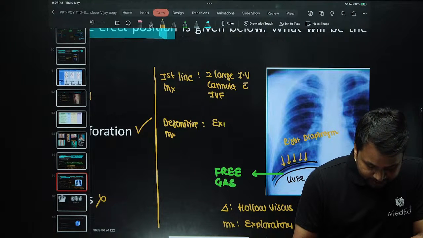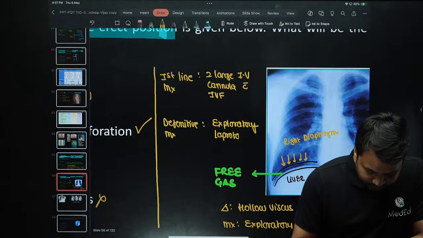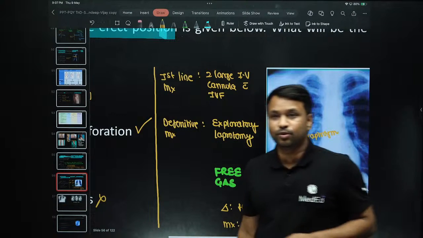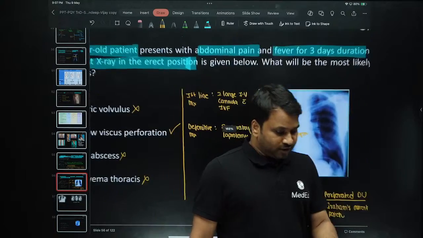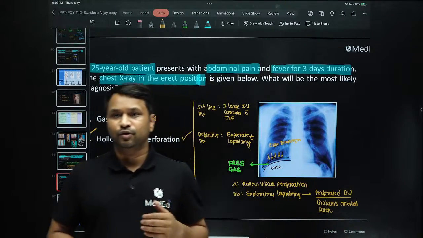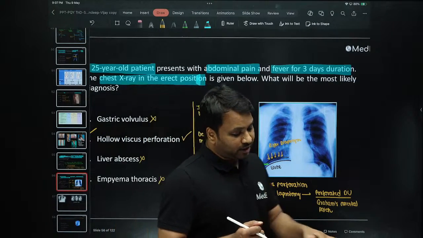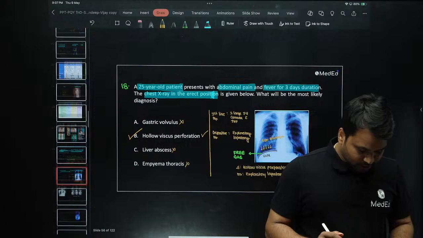A definitive would be an exploratory laparotomy. So first line would be to resuscitate the patient, and then take the patient for definitive surgical management. Clear? So that's question number 18.